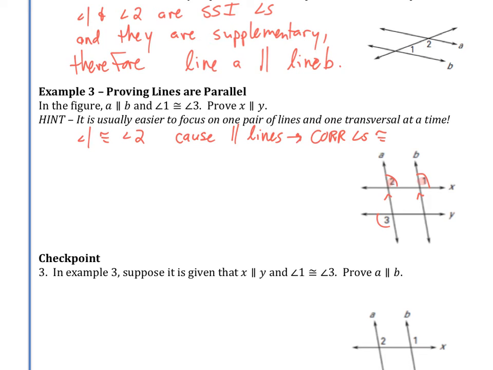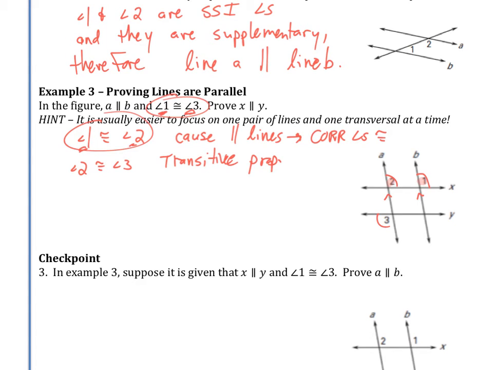Okay, so if 1 is congruent to 2, and 1 is congruent to 3, now we can say angle 2 is congruent to angle 3 by the transitive property. Because if 1 is 10, then 3 is 10, and if 1 is 10, then 2 is 10. So therefore, all 3 of them have to be the same.